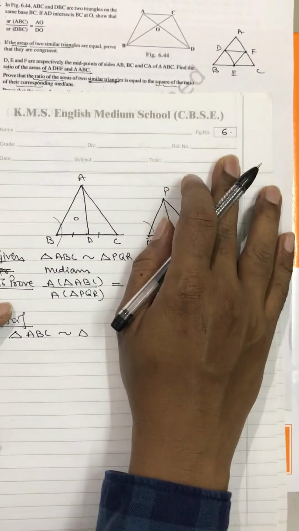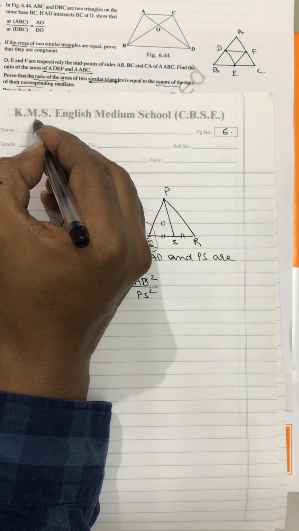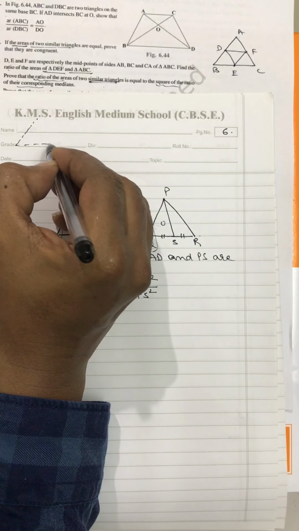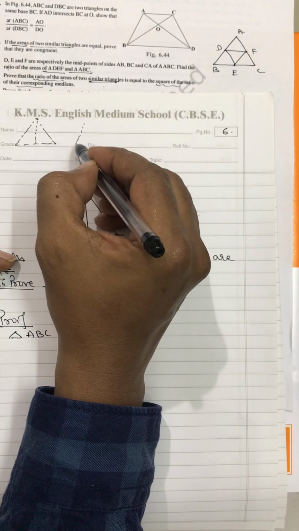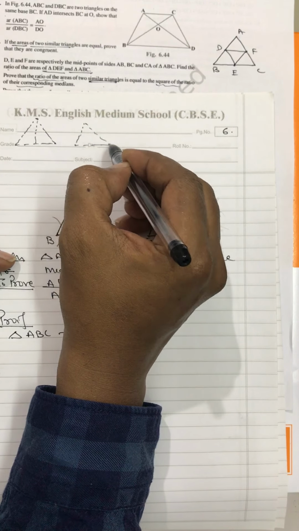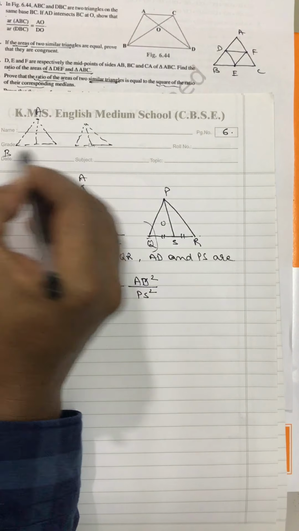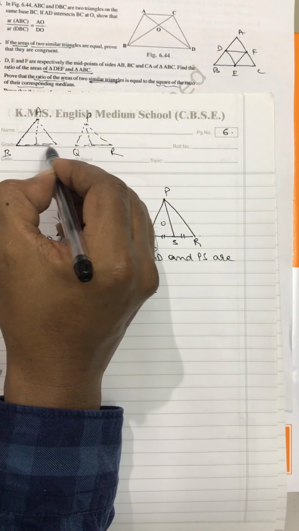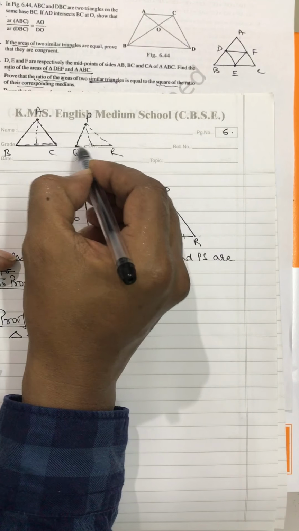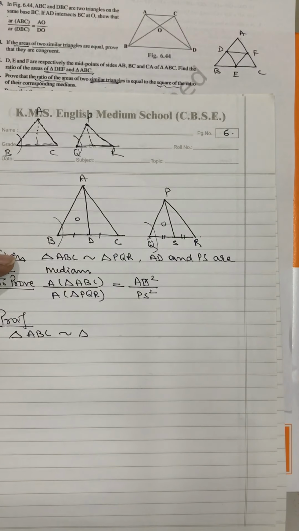See, this is given to me. This is very, very important, my dear students. Don't ignore this part at all. Otherwise, see here, A, B, C, P, Q, R. These are similar. Because these are similar, therefore these angles are congruent.